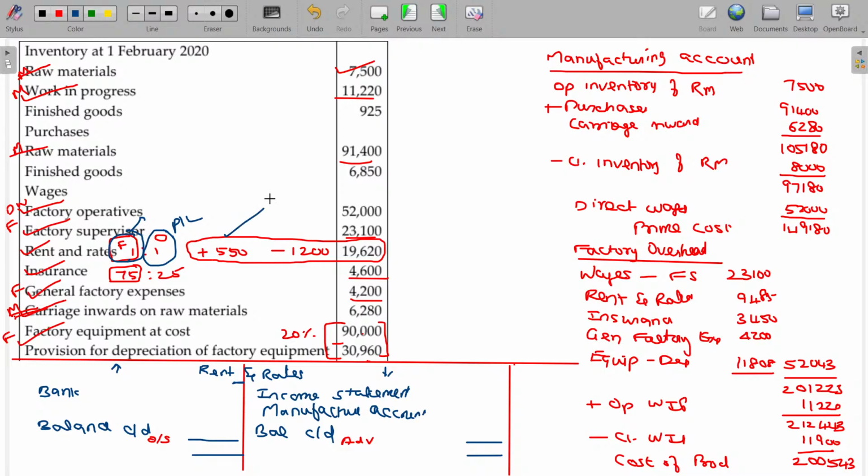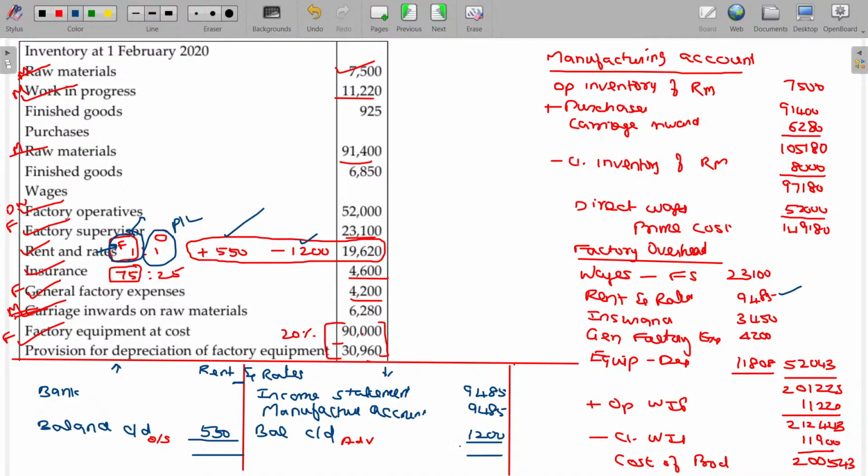Now 550 outstanding, then liability. So I put that value here, 550. Minus means an advance, being the asset. I have to post that here. Out of that, how much is transferred to the factory? The amount transferred to the factory being 9,485. Amount transferable to the manufacturing account 9,485 means the other half is transferable to the income statement.